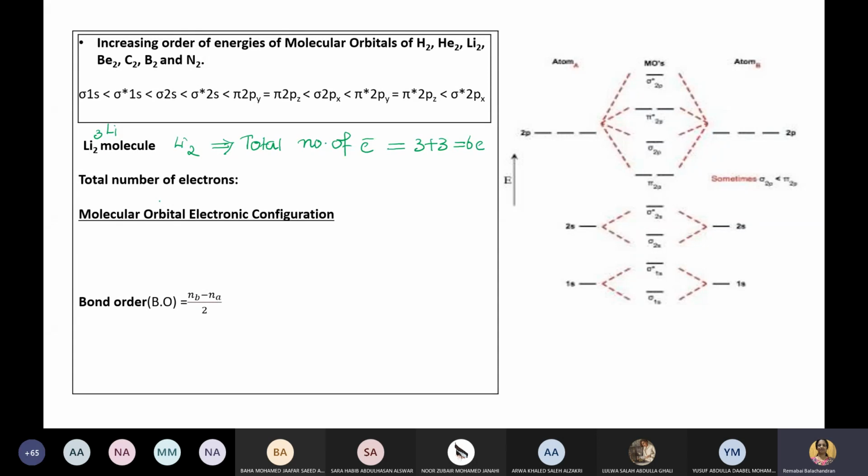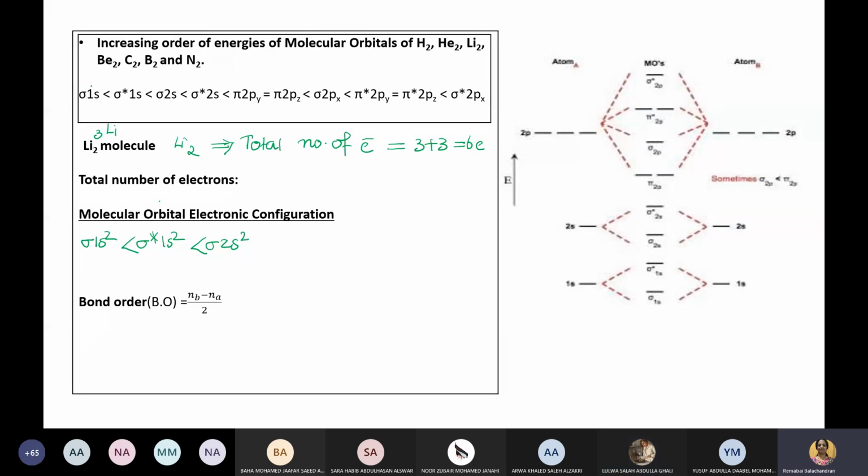Now if you have 6 electrons, how do you write the configuration? Sigma 1s2, less than sigma star 1s2, less than sigma 2s2.